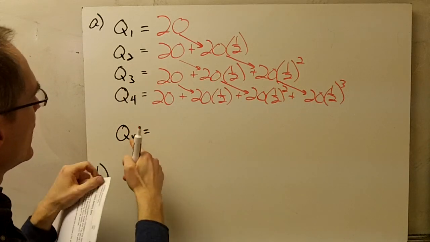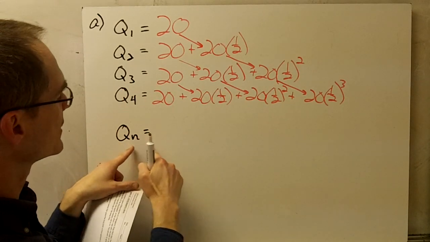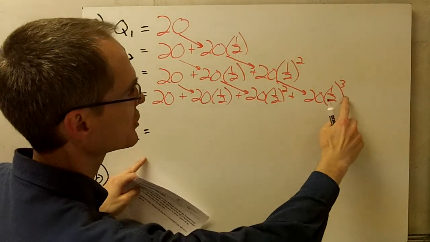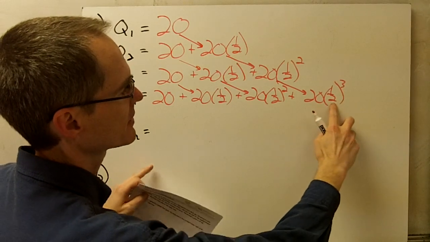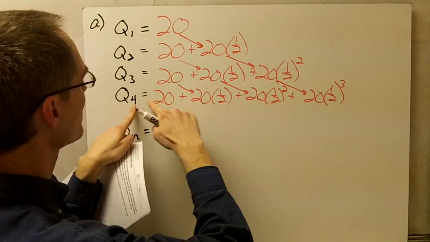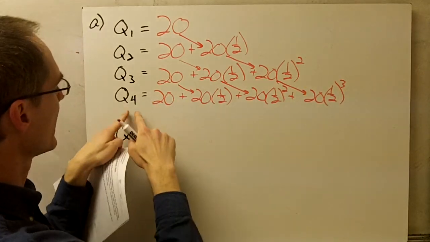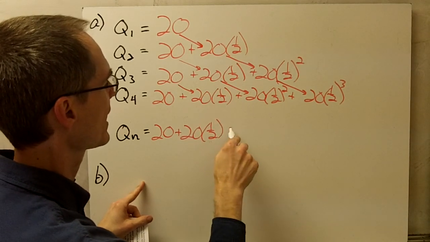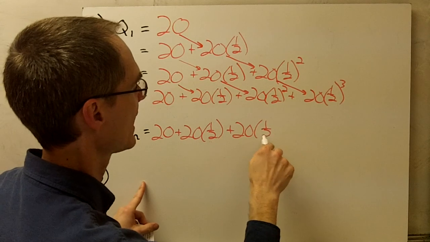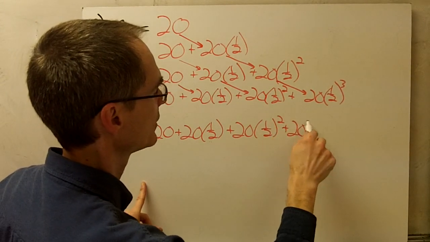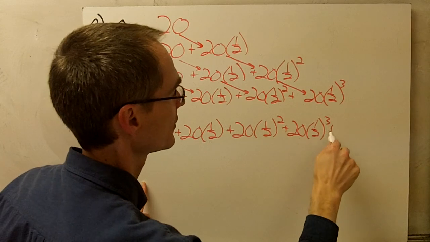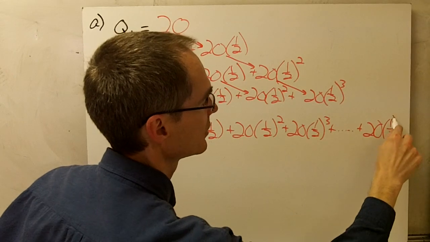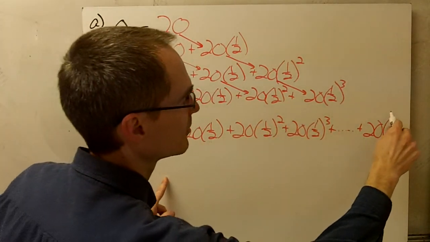If we want to express the amount of drug in the body after n injections, it's just going to look like this, and our last term is going to be this times 1/2 to the 1 less power, that is, 1 power less than the value of n. So this would look like 20 plus 20 times 1/2 plus 20 times 1/2 squared plus 20 times 1/2 to the third plus, and again down to 20 times 1/2 to the n minus 1 power.